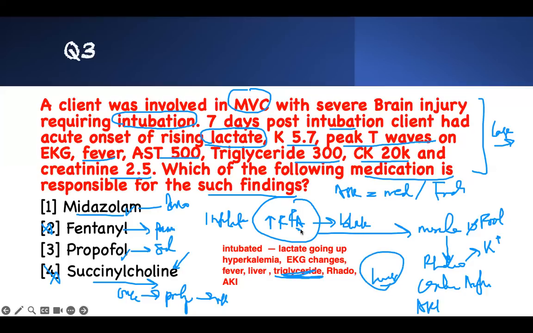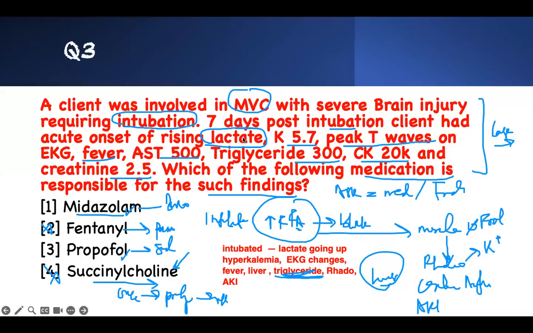It gets overwhelmed. And why do we have lactic acidosis? It's because of anaerobic respiration. So you have lactate building up because now the tissue, the cells, are dying, and you get into this form. So acute rising of lactate, so lactate problem, hyperkalemia, fever, triglyceride, and kidney problem.